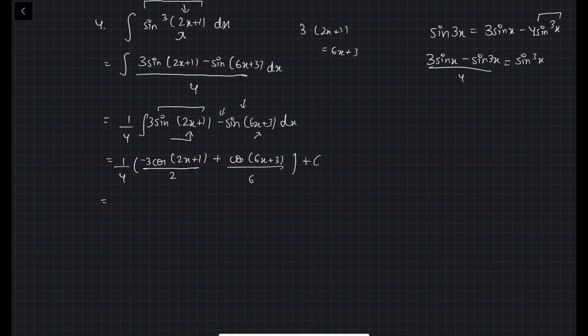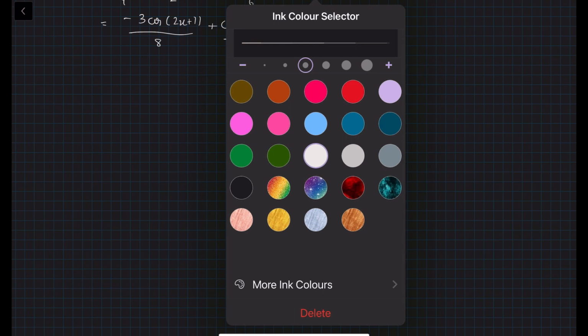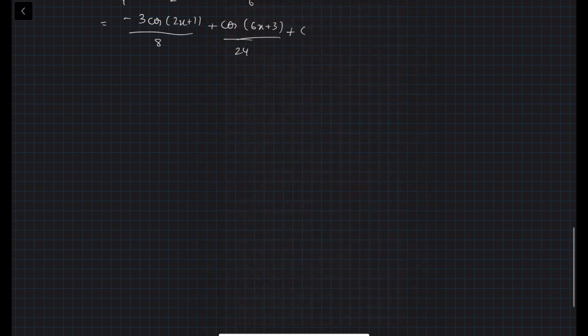And yeah, that'll give you minus 3 cosine of 2x plus 1 over 8 plus cosine of 6x plus 3 over 24 plus c. And alright, so this answer might not match the one that's given in the book, but nonetheless it's correct. It's just because different methods were used, and all of these answers can be changed into each other by using trigonometry.